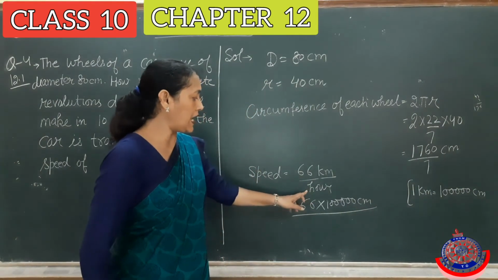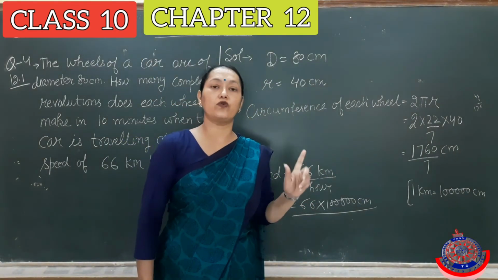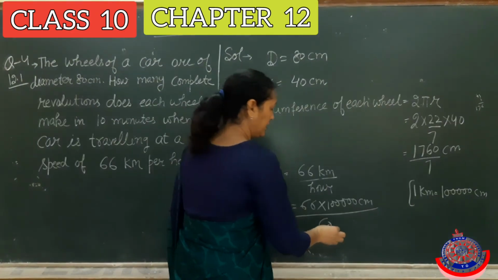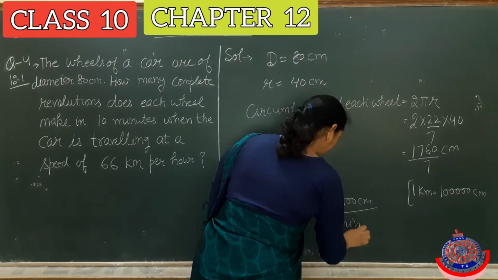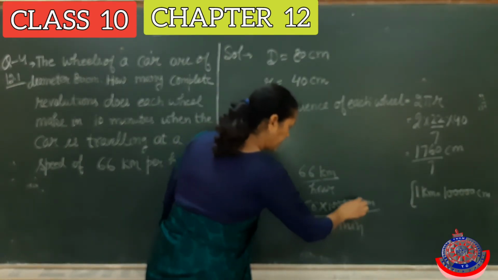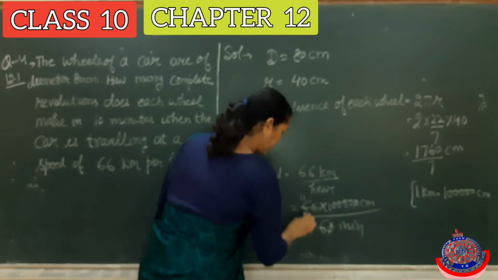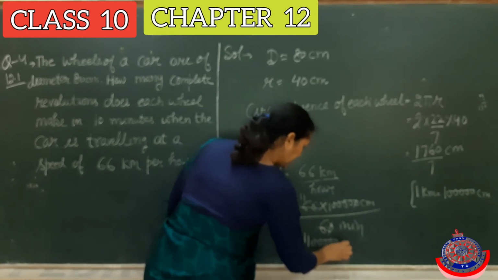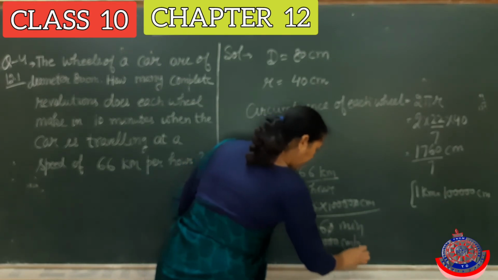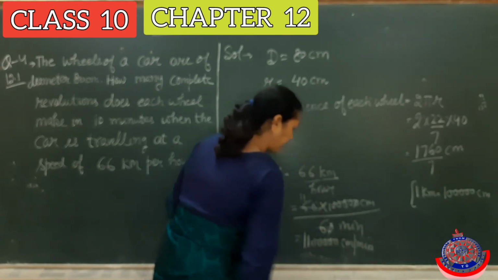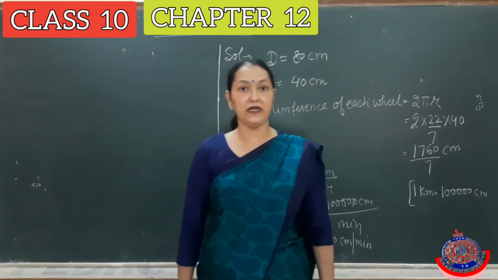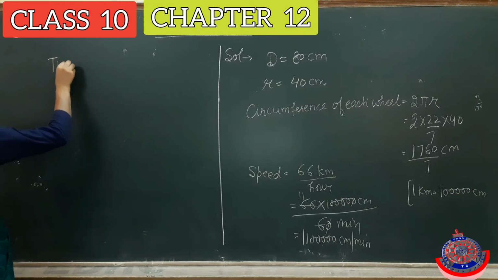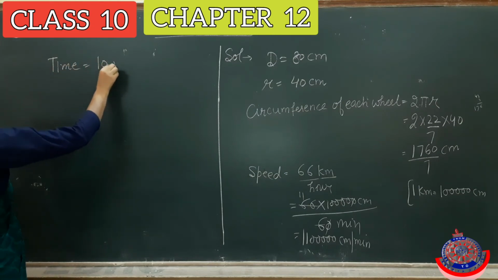Now converting hours into minutes. 1 hour equals 60 minutes. So here we will be writing 60. After cutting, we have obtained the speed as 11 lakh centimeter per minute. Now time is given 10 minutes.